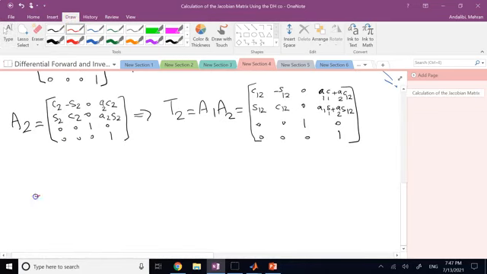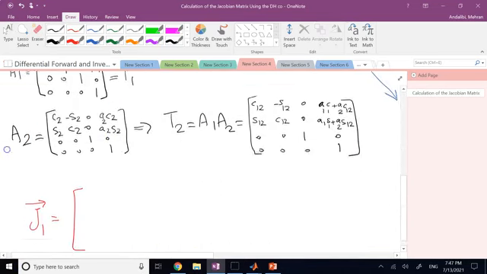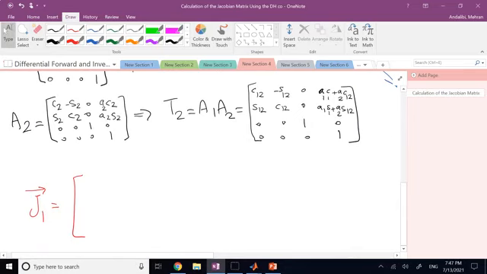Clearly, your J1, the first column, is what? The top 3 components of it are Z(i-1) cross (On minus O(i-1)). Now, i here is 1, so Z(i-1) means Z0, cross On, which is O2 here, minus O0, both of them in 0.